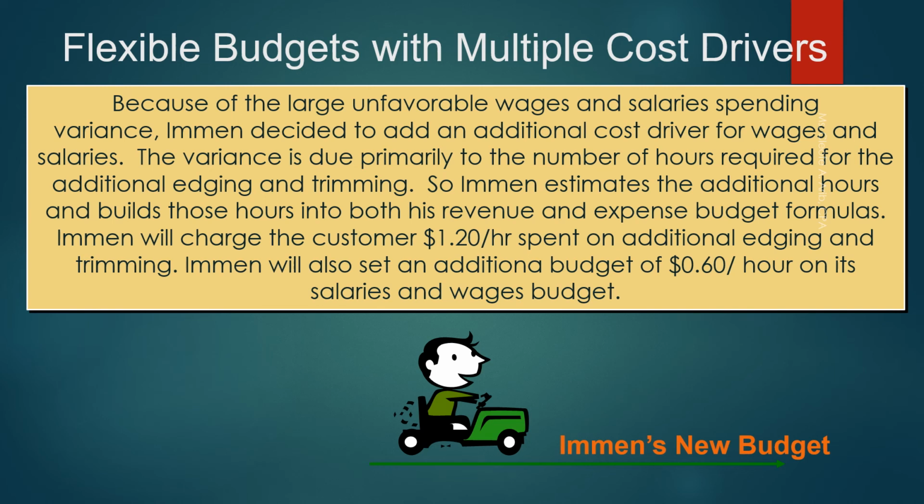So Iman estimates the additional hours and builds those hours into both his revenue and expense budget formulas. Iman will charge the customer 1.20 per hour spent on additional edging and trimming. Iman will also set an additional budget of 60 cents per hour on its salaries and wages budget.